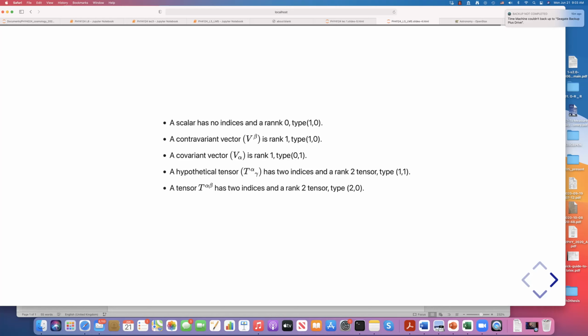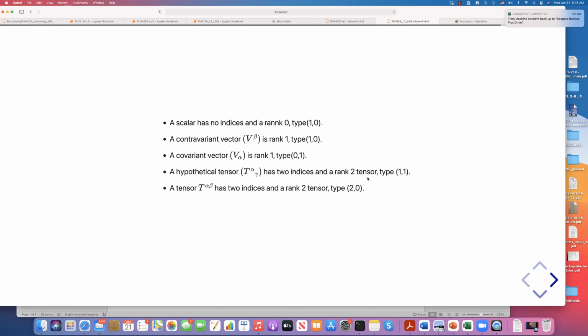And here is another tensor, T alpha beta, which has 2 indices, which means you have a rank 2 tensor again, and type 2, 0. Now, if you get these last 2 tensors, this one is also a rank 2 tensor, and this one is also a rank 2 tensor, because both of them have 2 indices.